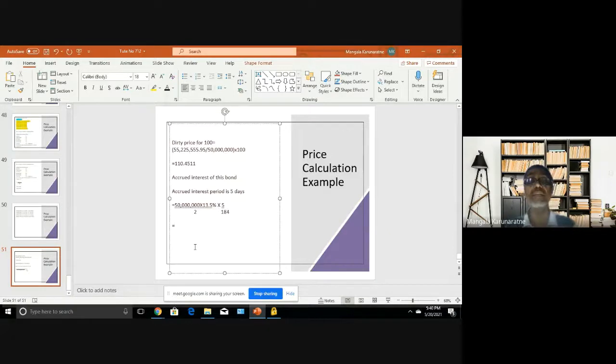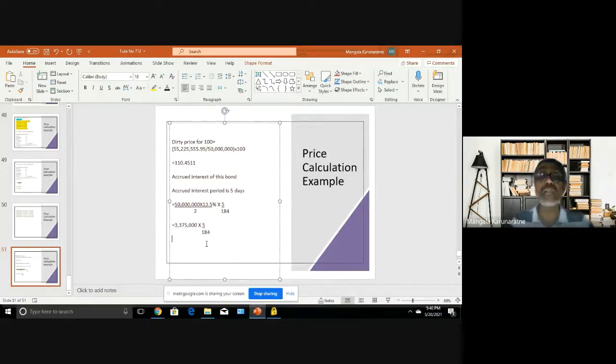Now here we take the annual coupon divided by 2. Then you get the semi-annual coupon. We calculated it, no? 3,375,000. This into 5, and 5 divided by 184.